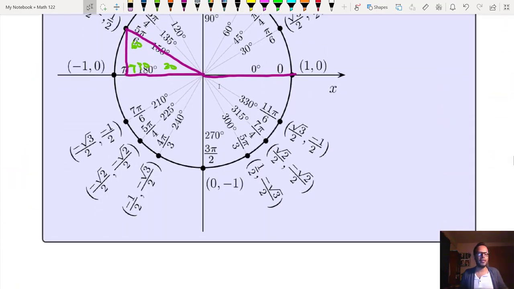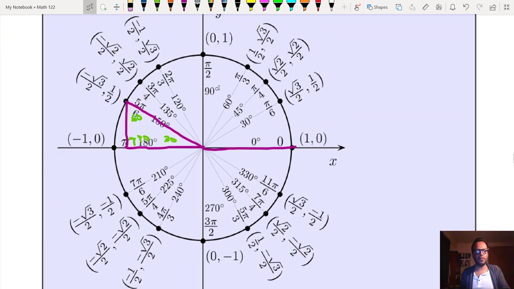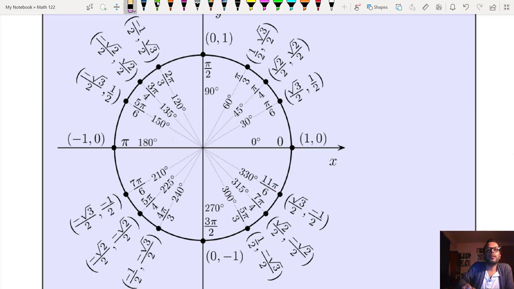Same here. For the very last example we did, okay, let me erase this. I believe we did 330 degrees, 11 pi over 6, right? So, which is this point right here. Let me draw a triangle from here and do this as well, okay?